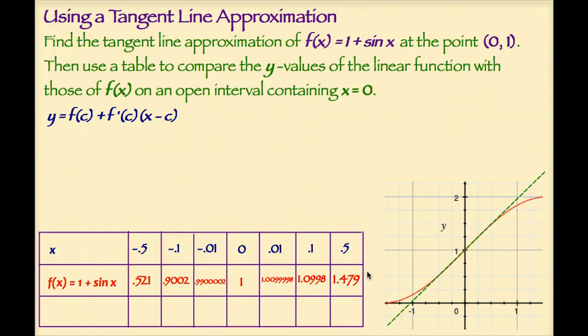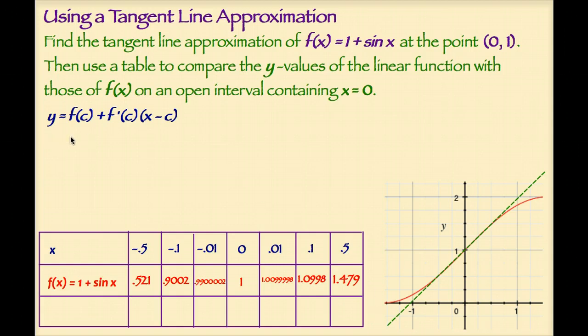Notice in the table I have already given y values at certain x values around our target point 0, 1. Once we create the equation of the tangent line, we will find y values at those points and compare to see how close the approximation is.